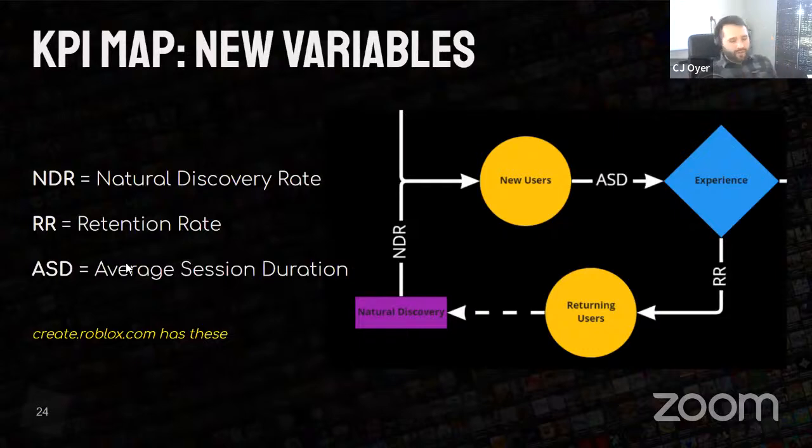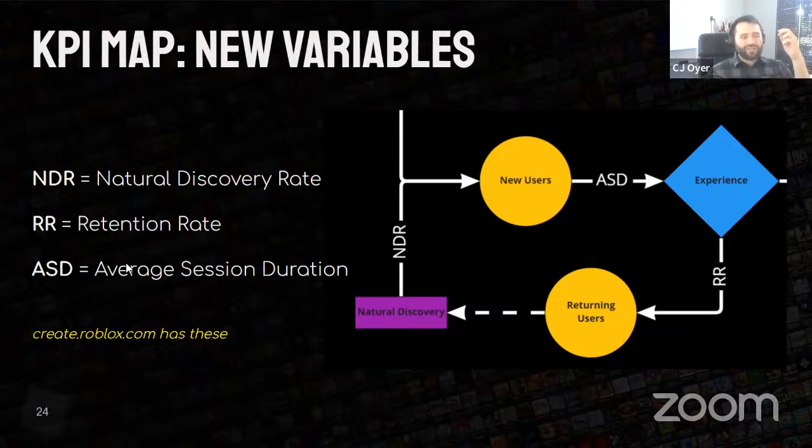But let's focus on the new variables, because we have talked about average revenue per user and cost per player previously. But yeah, so average natural discovery rate, retention rate, and average session duration. We've talked about the first two. Average session duration is just how long people are staying in your game on average. I think we'll talk about this a bit later, but be careful with this one, because averages don't show the extremes very well. I wish there was a median option, honestly.